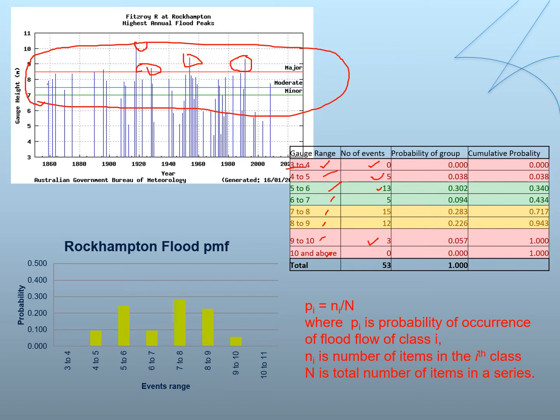You can calculate the probability of each group and the cumulative probability as well. Then we can calculate the probability mass function, and also the cumulative probability distribution, as I showed before.